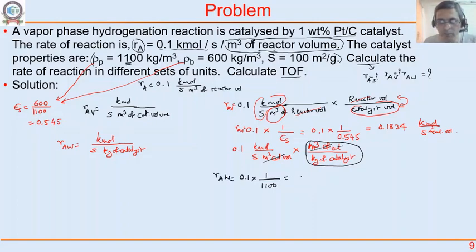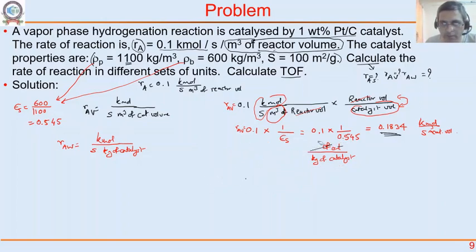What is this now in terms of, just calculate. Oh sorry, this was 0.1834. You see, it was 0.1834, not 0.1. Let's do it again, just so that everybody is comfortable. What do we have? We have RAV, this is 0.1834 kilomoles of the reacted per second per meter cube of catalyst volume.